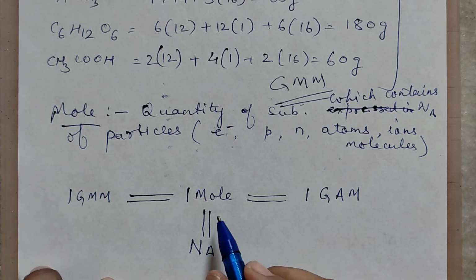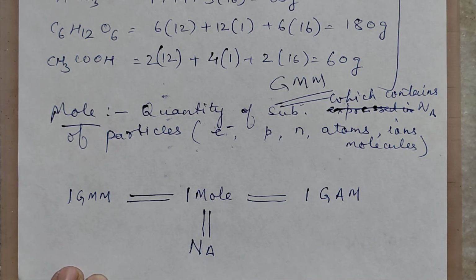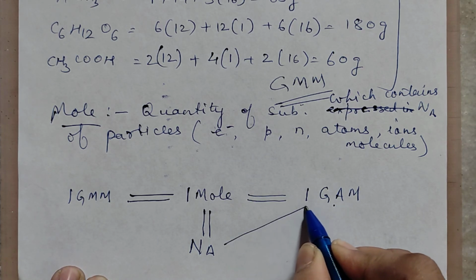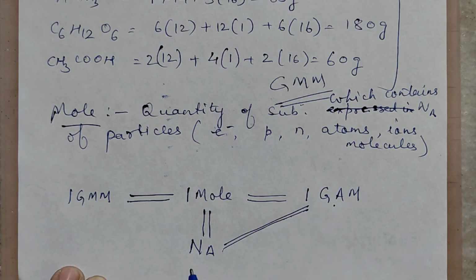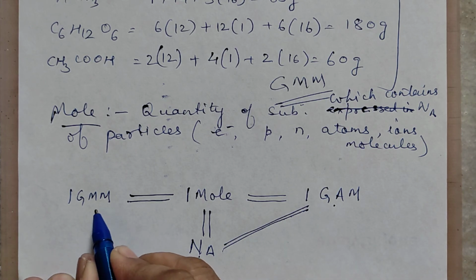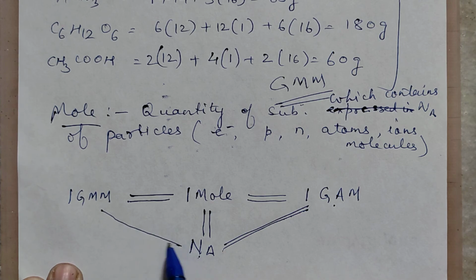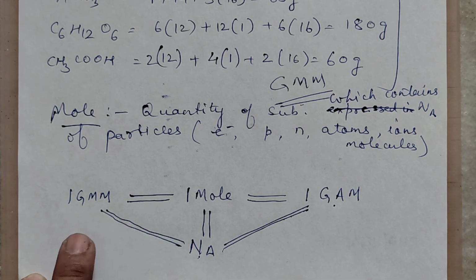Though for Avogadro number of anything, the weight is not going to be the same. If I am talking about Avogadro number of atoms, then the mass will be the gram atomic mass. If I am talking about Avogadro number of molecules, then it will be equal to 1 gram molecular mass.